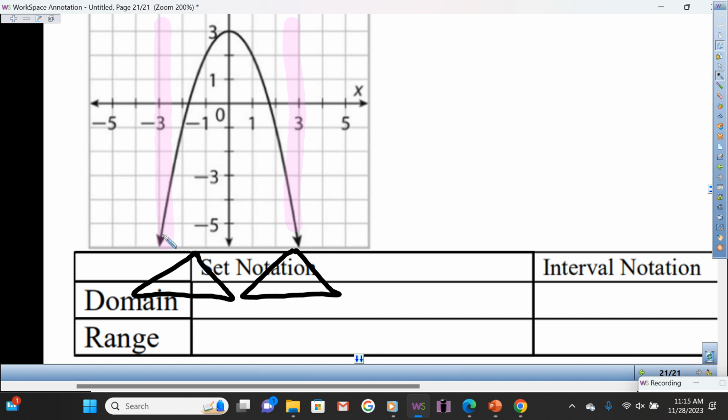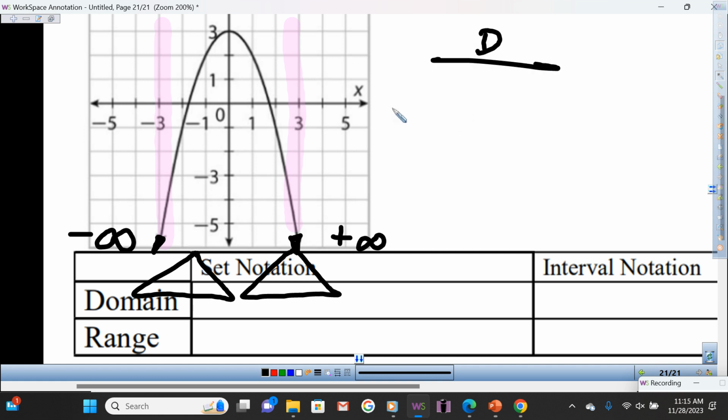However, what do these arrows indicate? Tell your neighbor, what do the arrows indicate? They don't stop at -3, they continue going to what? Infinity. So if this one's going to go to negative infinity, and this one's going to continue to positive infinity, therefore my domain, and let me write the inequality first.